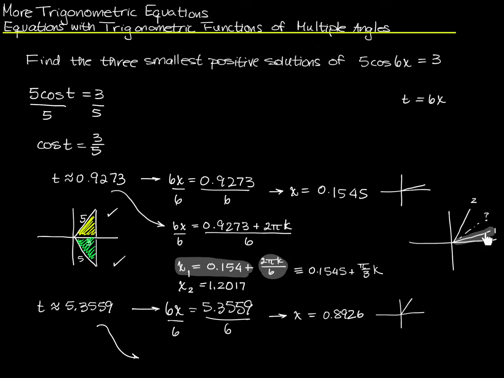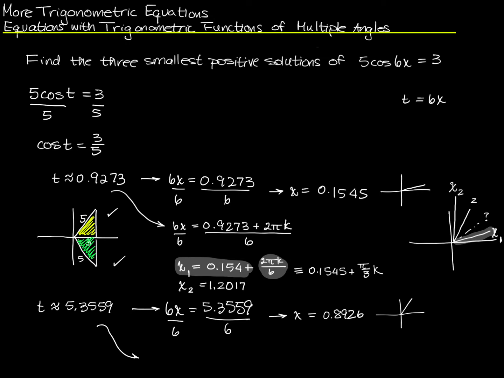That's my first solution. That's x sub 1. X sub 2 is bigger than a radian. And a radian is about 1/6 of the circle, just under 1/6 of the circle. So this one here is bigger than that. That means it's going to be over here somewhere. That's my x sub 2 angle. Let's call this one x sub 1.